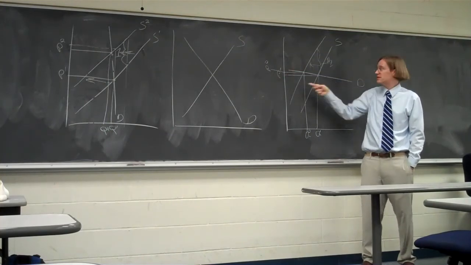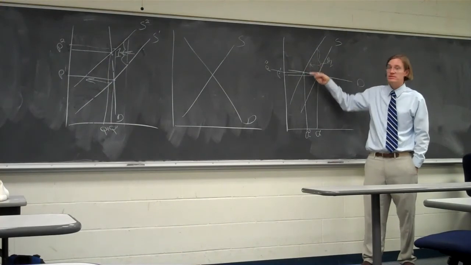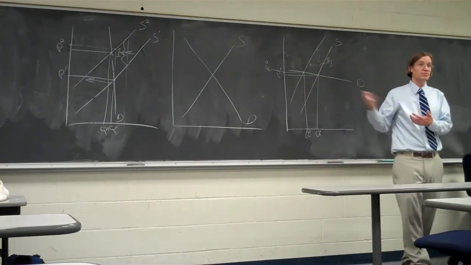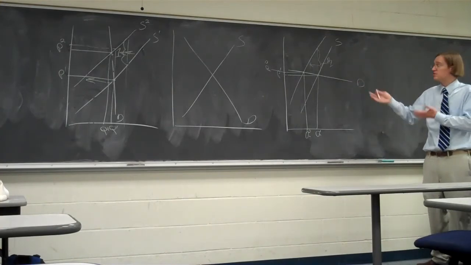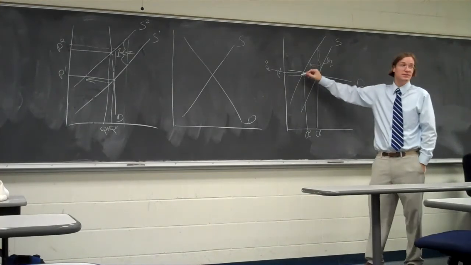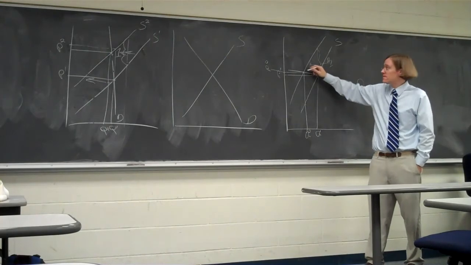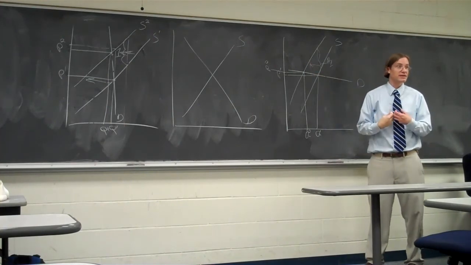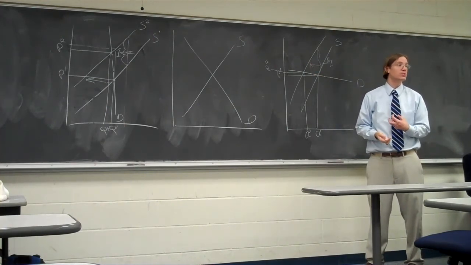The consumer's burden of the tax is shown by the increase in price. The way I go about these, the way I try to figure them out, I see what the equilibrium price and quantity was before the tax, and look at the equilibrium price and quantity after the tax. That increase in price is what the consumer has to pay. That's the burden to the consumer.